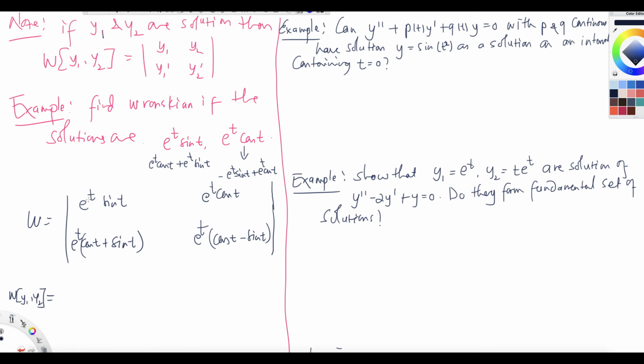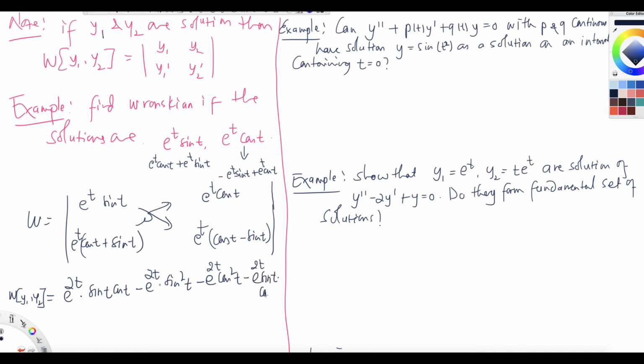Now the determinant: e to the t times that will be e to the 2t times sine t cosine t, right? And then minus e to the 2t times sine square t, right? And then this times this will be a negative multiplication, so it will be minus e to the 2t cosine square t, and then minus e to the 2t sine t cosine t.